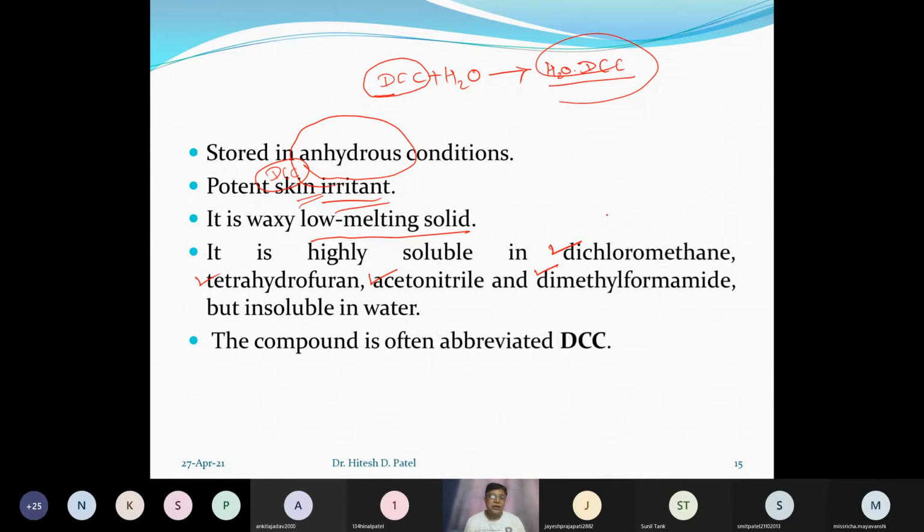When it is soluble in organic solvents, it means whenever we carry out a reaction for organic compounds, this is the best or suitable reagent. Second, it is insoluble in water. So after completion of the reaction, we can filter out the material, and then when we dump it into water, we can separate out the product.